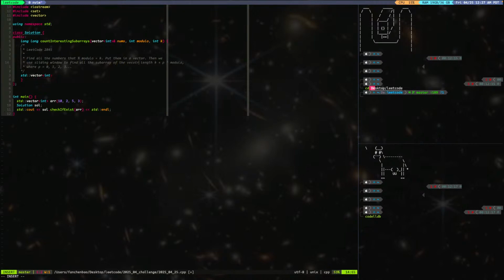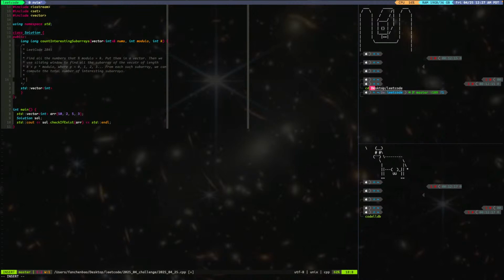Of the vector of length. And we say from each subarray we can compute the total number of interesting subarrays.